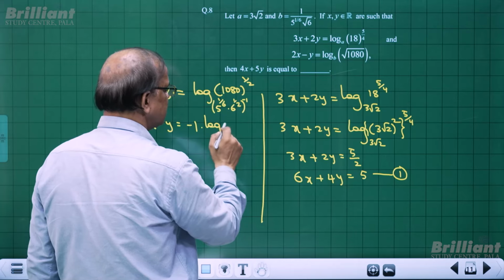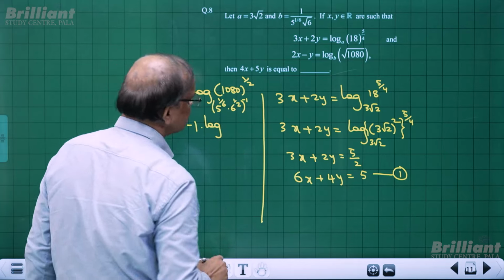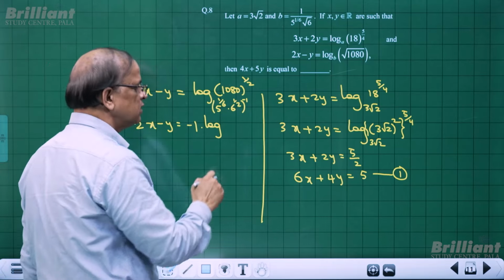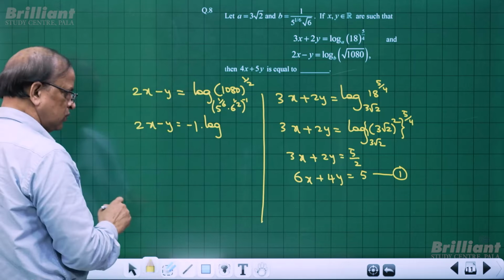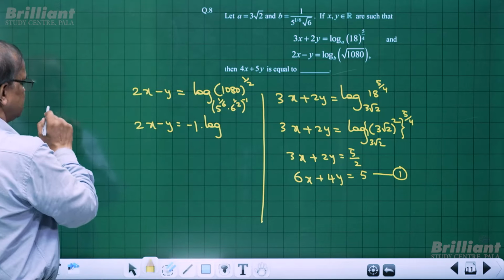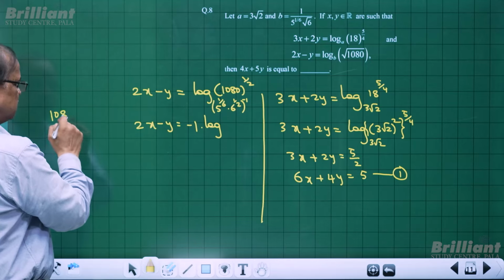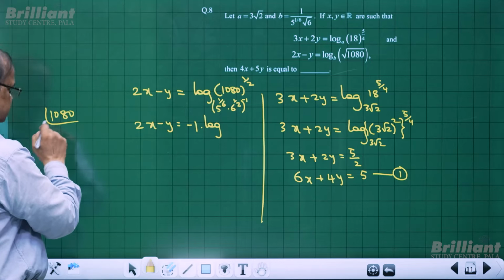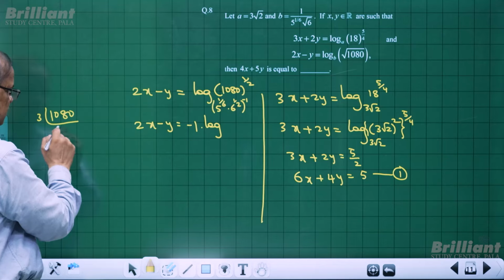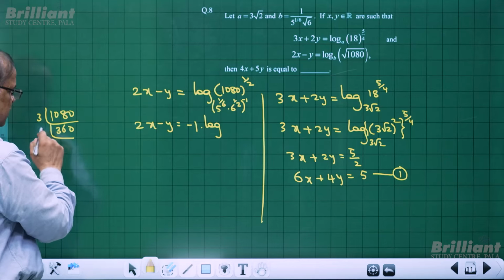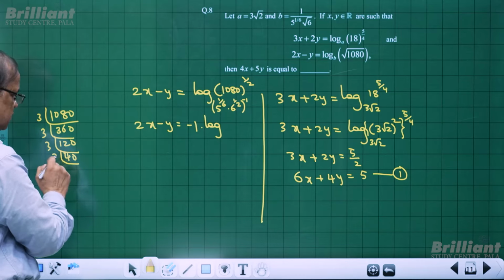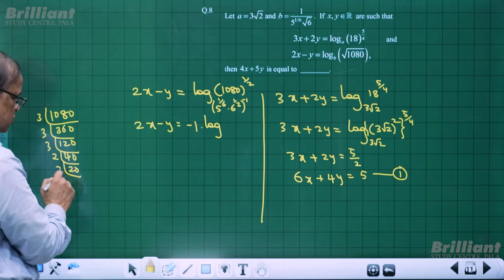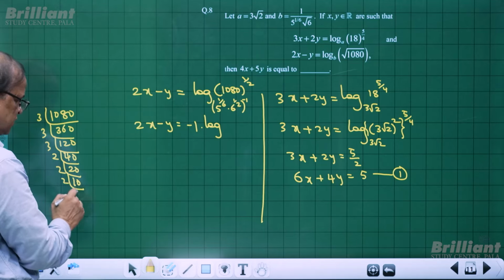So, 5 power 1 by 6, we can write 1080. This is 3 times 360, 3 12s 360, 3 4s are 12, 2 20s, 2 10s, 2 5s.